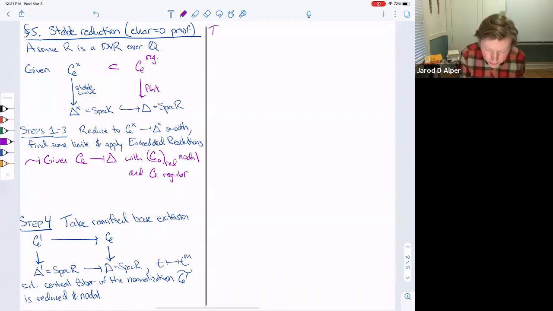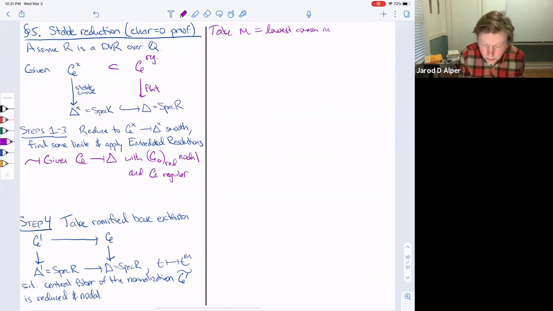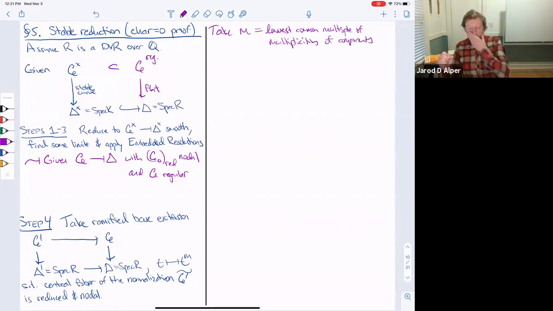So we take m to be some integer divisible by all the multiplicities of the central fiber. If you want, you could take it to be the lowest common multiple of the multiplicities of the components.